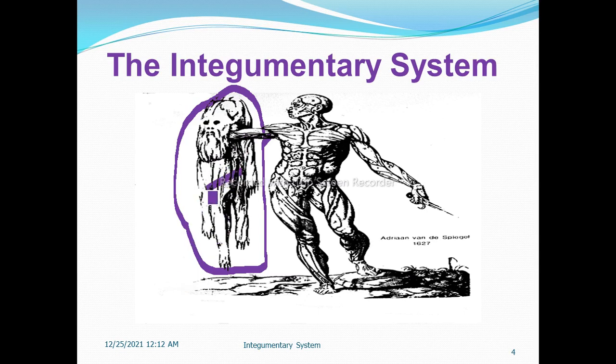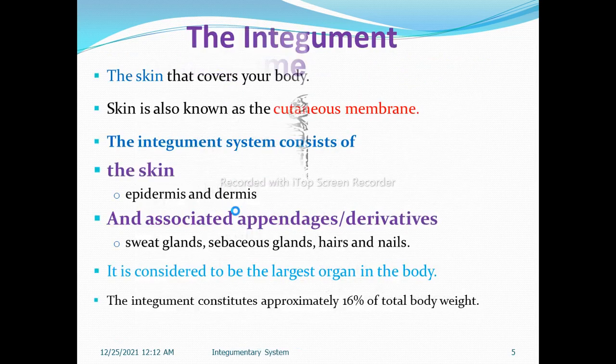Skin with associated appendages is considered the integumentary system, for instance glands, hairs, and nails, connected with or associated with skin. That means skin associated with other appendages.